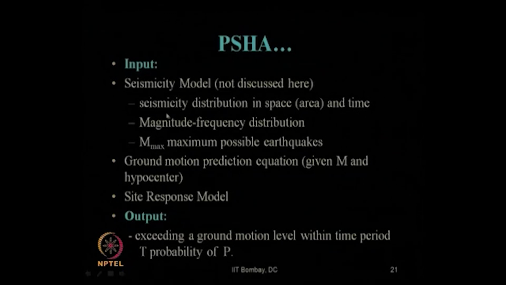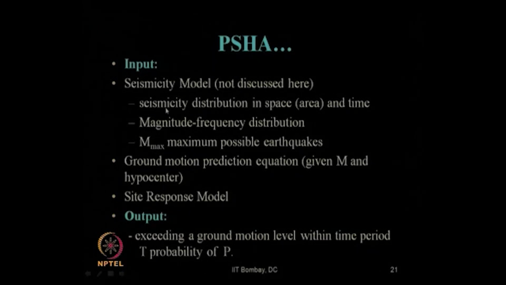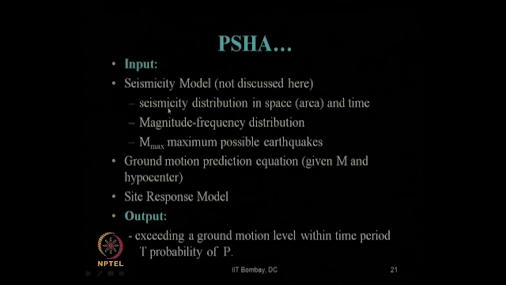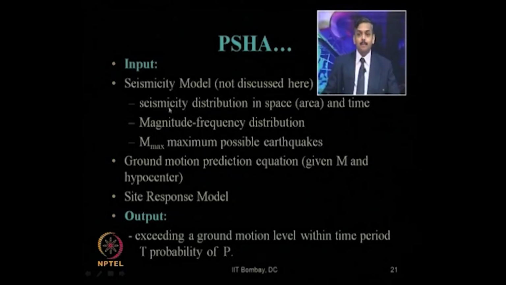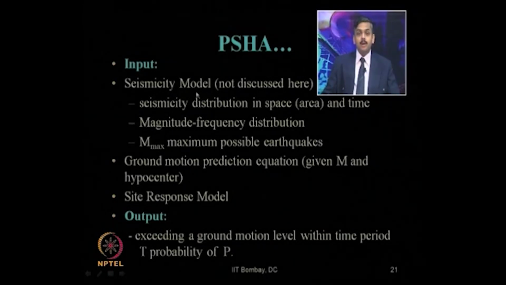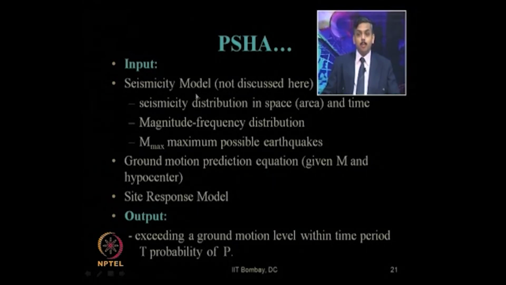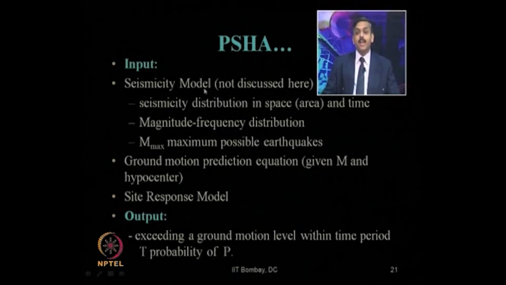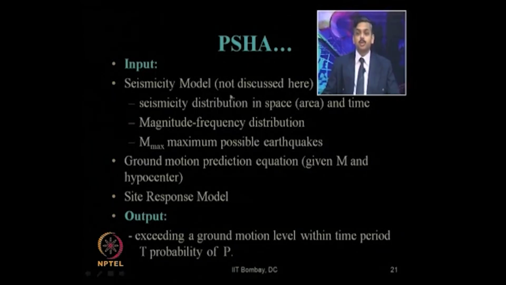That means, from various collected historical seismic data at different times, how we can obtain a particular mathematical model which will give us the occurrence of seismic events in future time.